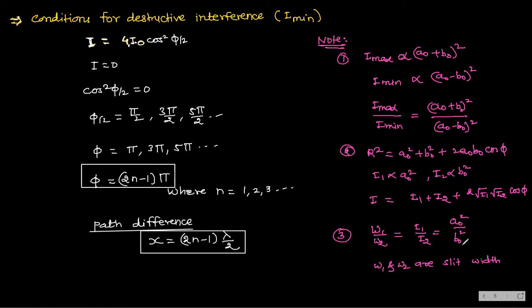Slit width means that a slit is there, and how much its width is, in millimeters. That is W1 and W2. So these formulas you keep in mind. Understood? Okay, clear? Write down fast.